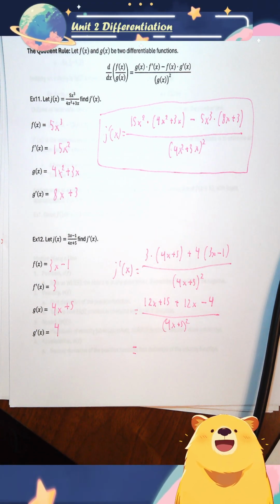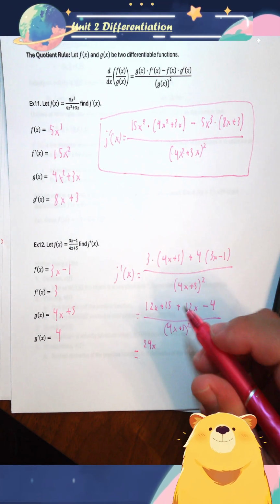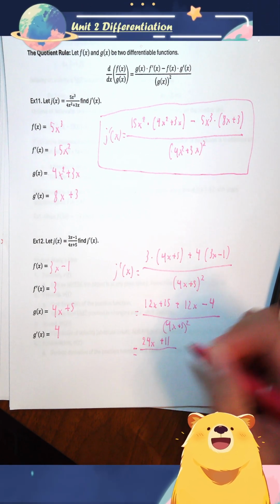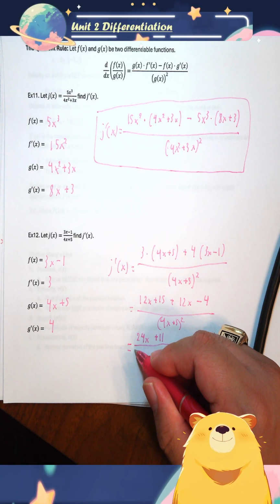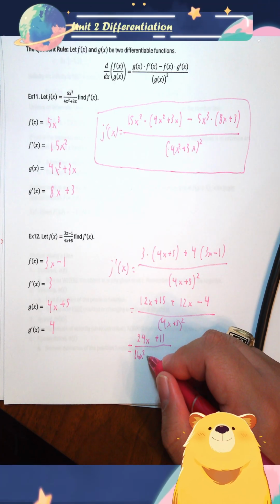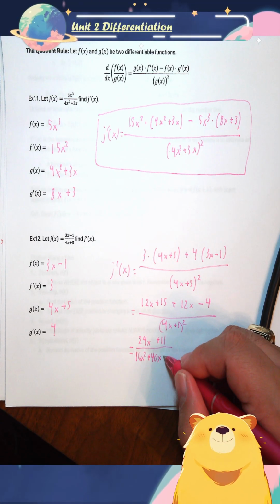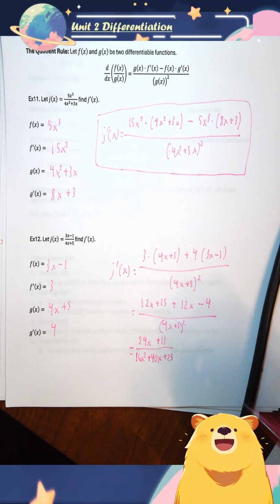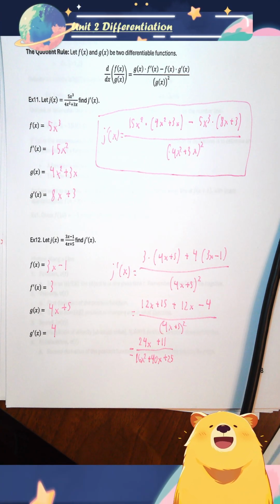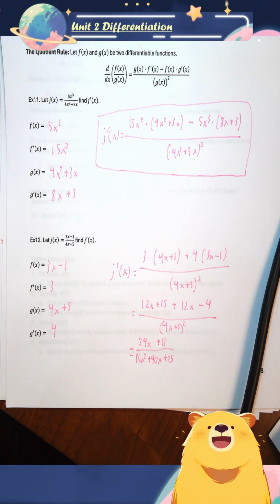Okay, that's going to be 24x plus 11 over 16x squared plus 40x plus 25. Okay, let me just double check my solutions to make sure this is indeed the right one.